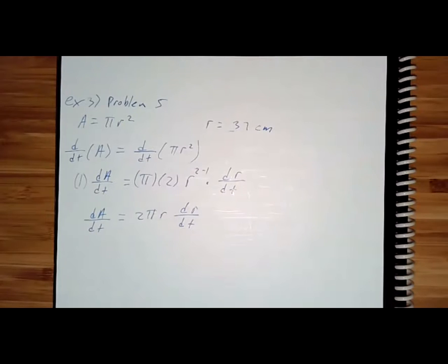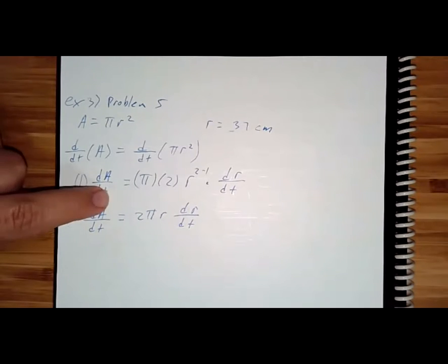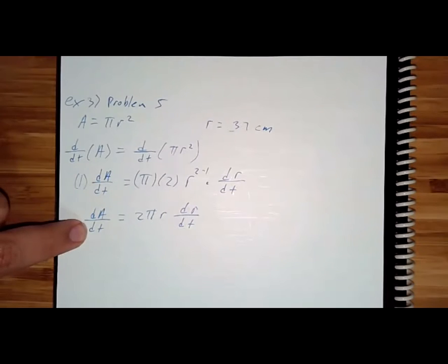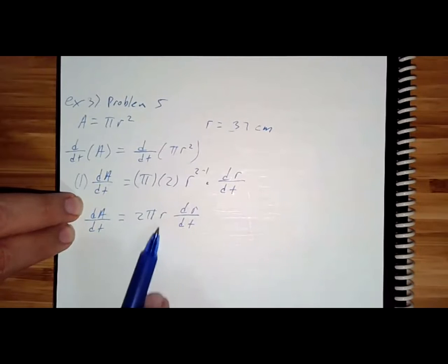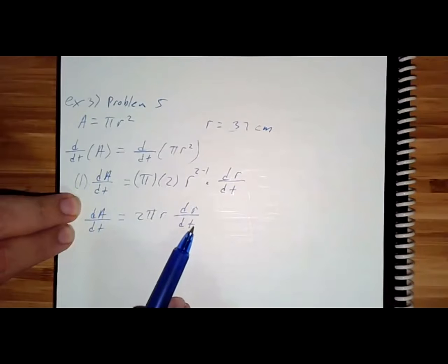I already forgot what the question was asking. It says find the rate of change of the area. So here is the rate of change, dA, the change in area, over dt, the change in time. So basically they want us to solve for this, which is already solved for. So great, all we have to plug in is numbers. We have r, right? Do we have dr dt?